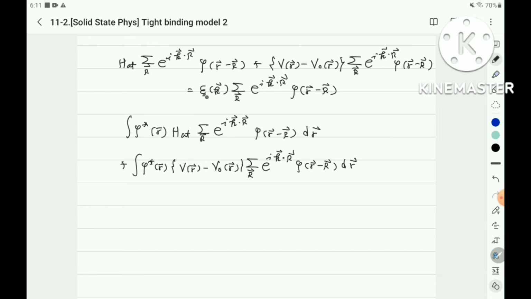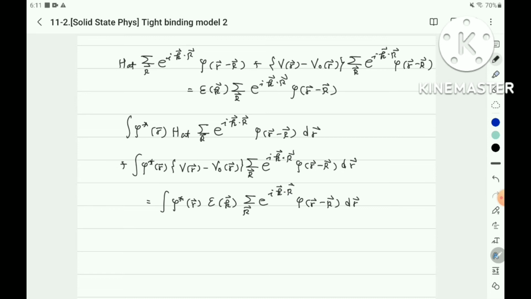And finally the energy eigenvalue: the integral of phi star(r) epsilon_k times the summation over R of exponential i k dot R and phi(r minus R) dr.